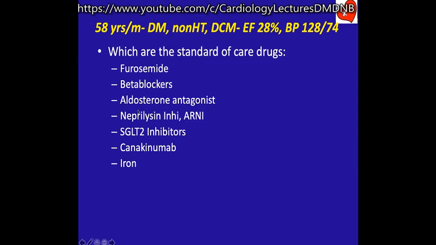Furosemide, beta blockers, aldosterone antagonists, neprilysin inhibitors or ARB, one of them alone, SGLT2 inhibitors, and canakinumab, a monoclonal antibody, which recent studies have shown that if there is evidence of inflammation in a patient with heart failure, as shown by an elevated high sensitivity CRP, canakinumab causes improvement in symptoms and improvement in LV function.